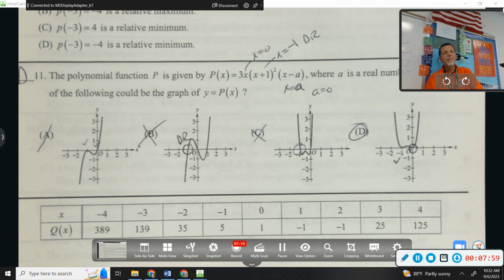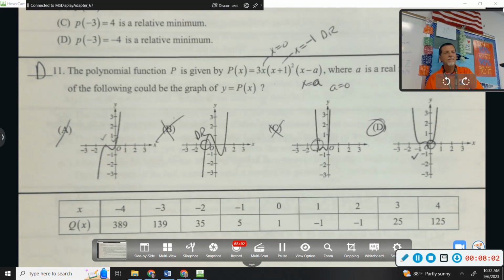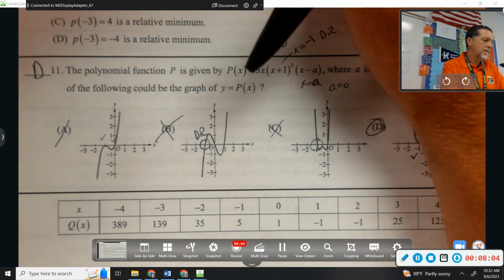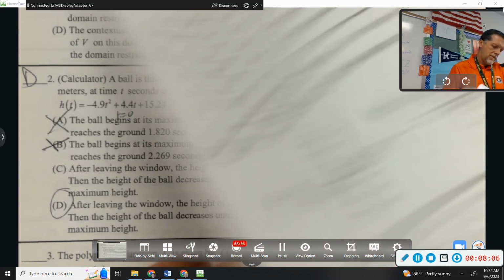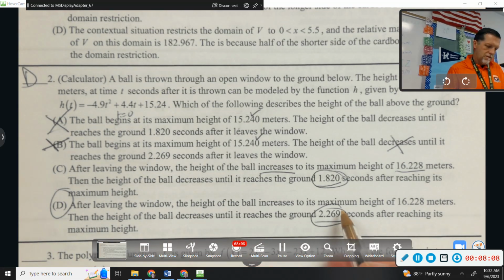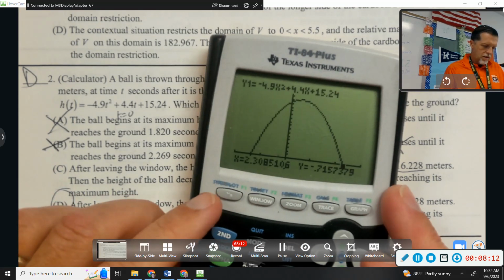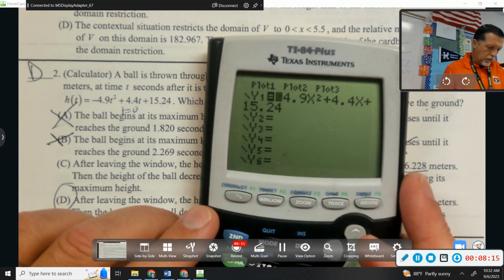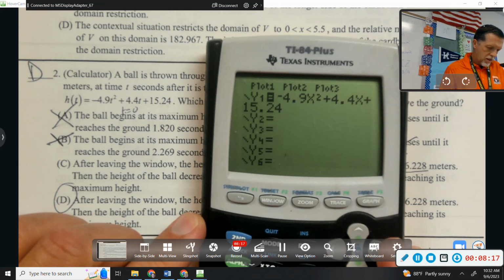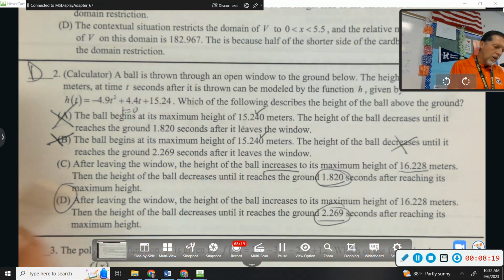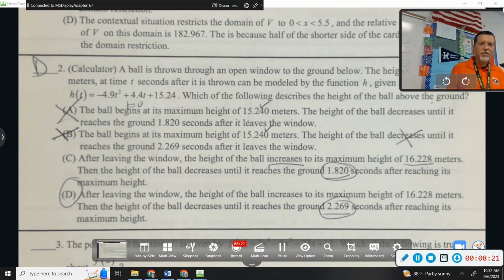I have a question about number 2. Because I did it C, and also the key says C. Uh-oh. Did I type something in wrong? It's just seconds after reaching the max. Oh, I didn't read the question carefully. I was trying to go too fast.